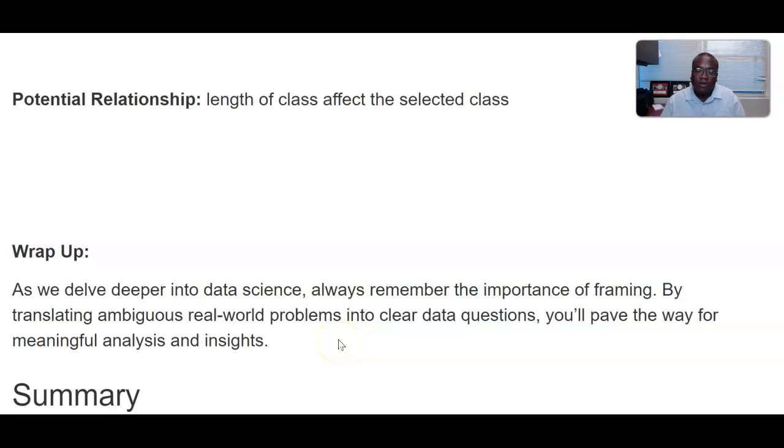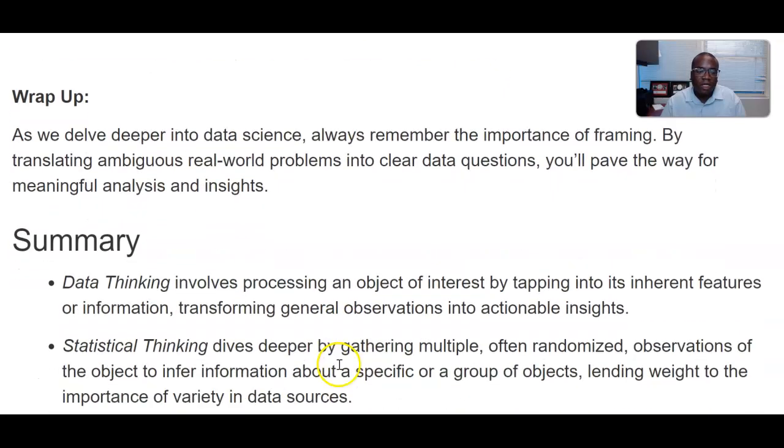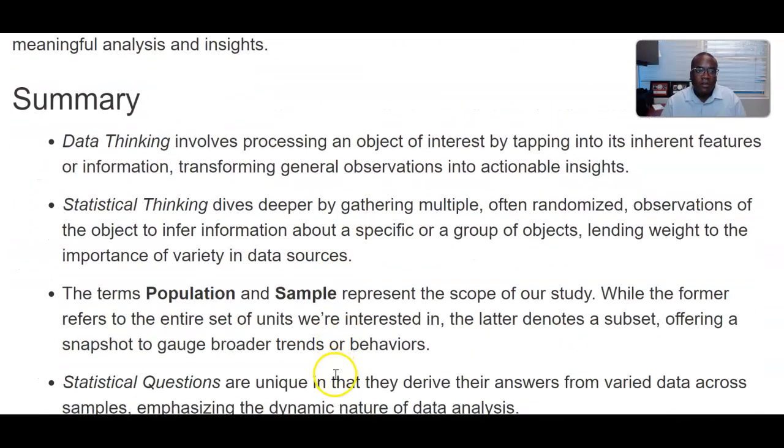So this framework of thought is ideal when it comes to working with data. Data thinking involves processing an object of interest by tapping into inherent features and or information about those observations. So things that are being measured, characteristics that are being measured on observations. That's a way of thinking about data thinking.